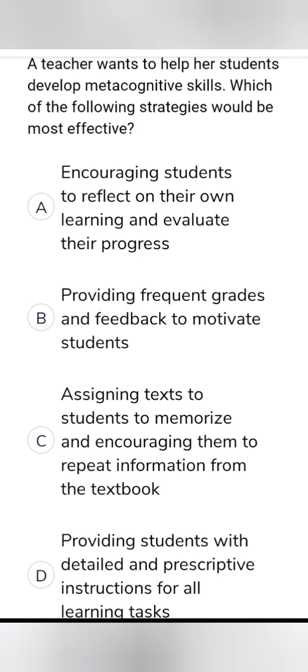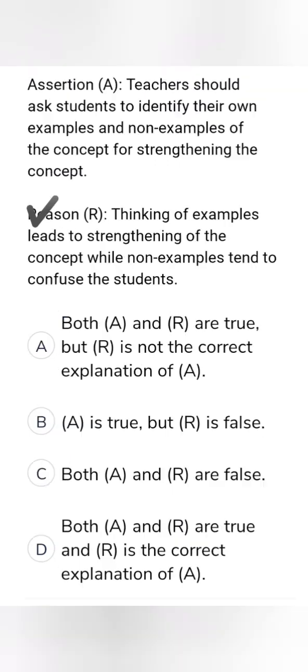C. Assigning text to students to memorize and encouraging them to repeat information from the textbook. D. Providing students with details and prescriptive instruction for all learning tasks. Option number A is the right answer. Encouraging students to reflect on their own learning and evaluate their progress.